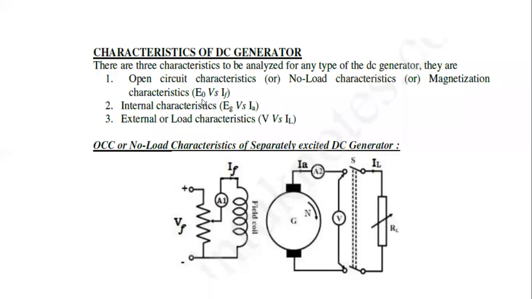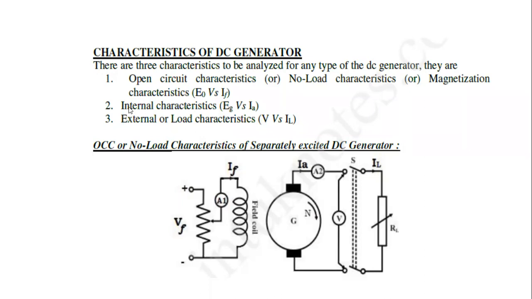Therefore, the graph is drawn between the no load voltage and the field current. This is called the no load characteristics, open circuit characteristics, magnetizing characteristics, or OCC characteristics.